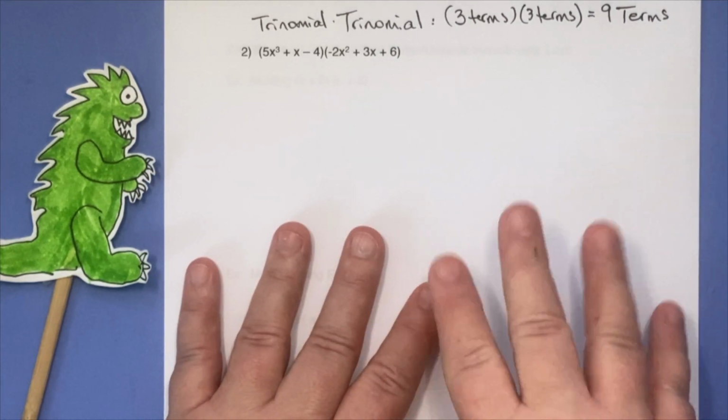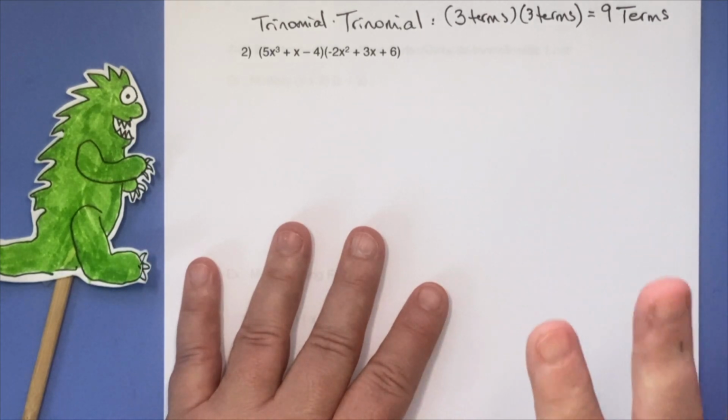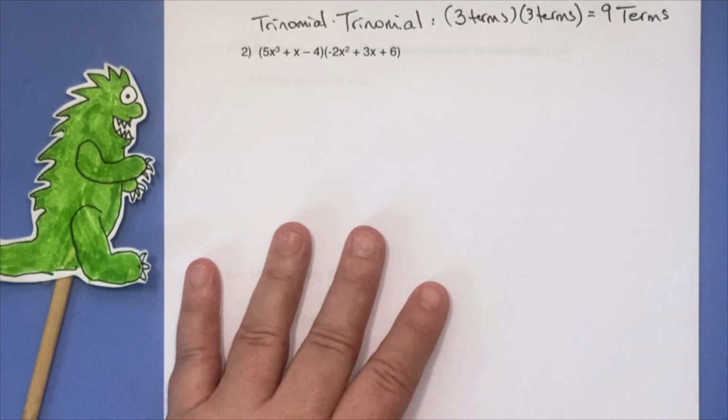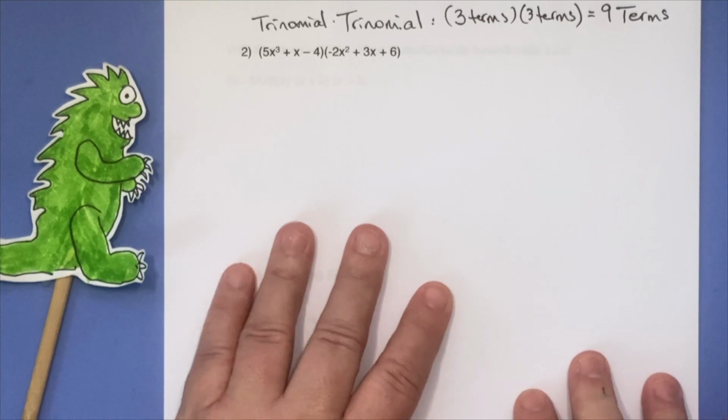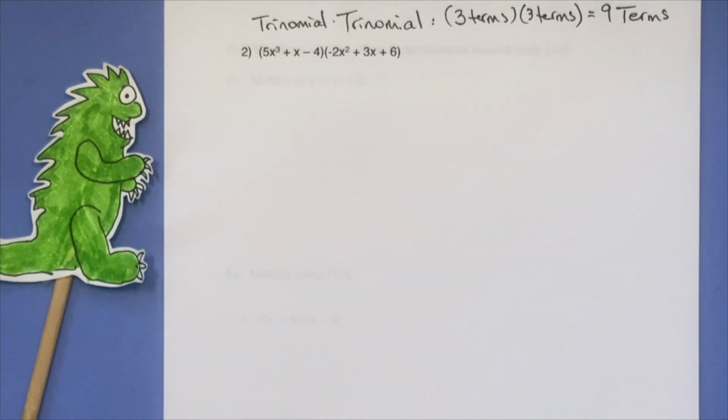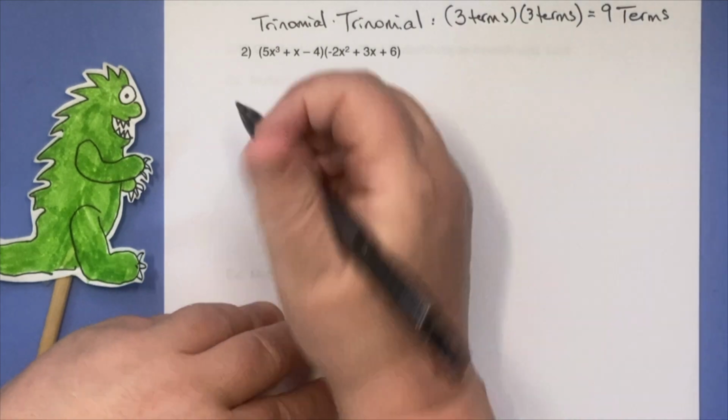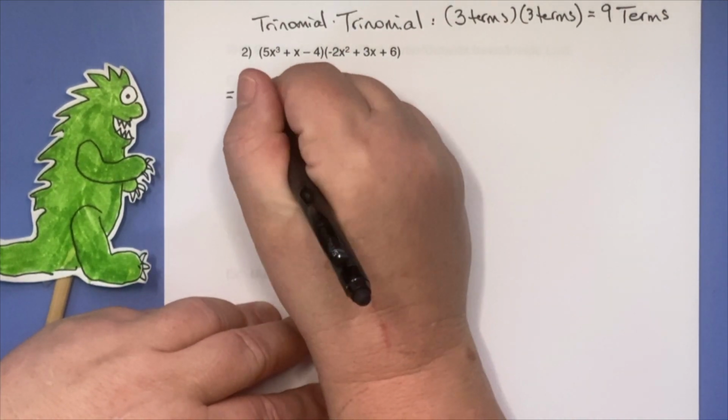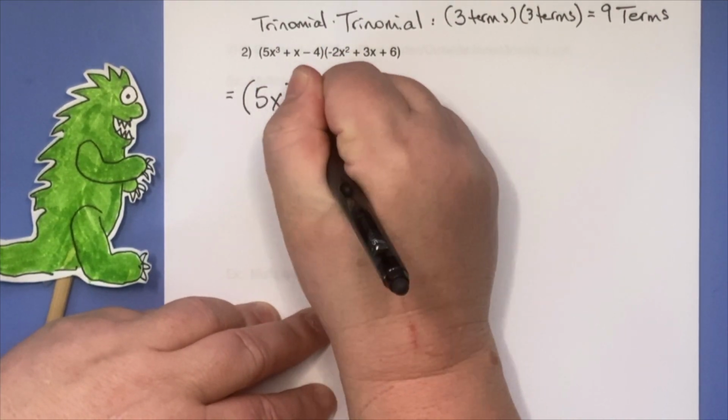The paper I use is recycled content. Use scratch paper, use the backs of the paper, but give yourself space. This is not the moment to save the world. This is the moment to take some space. Also save the world, but give your brain the space it needs. Don't squinch it up into a little tiny space. Okay, so to that end, I'm going to write this out nice and big.